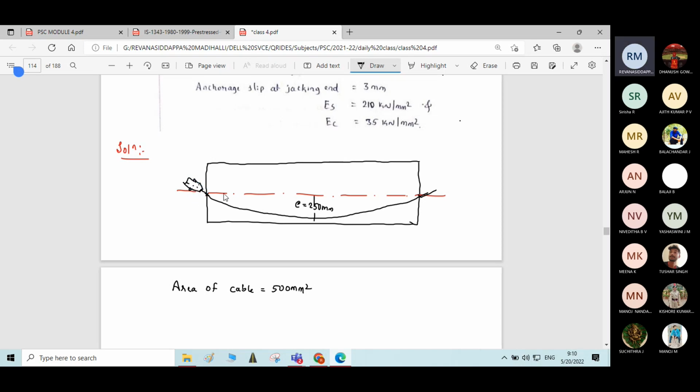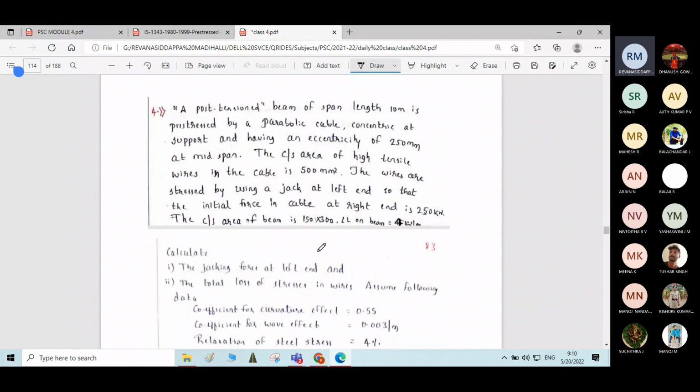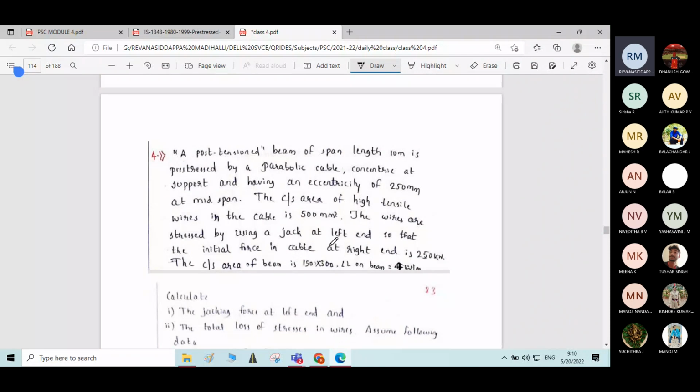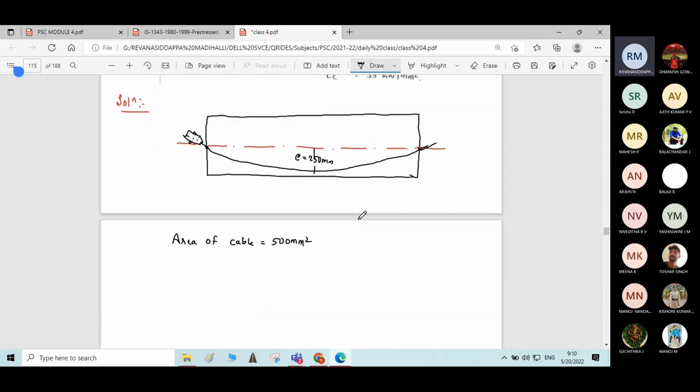The cable is stretched by using the jack at the left end so that the initial force in the cable at the right end is 250 kilonewton.